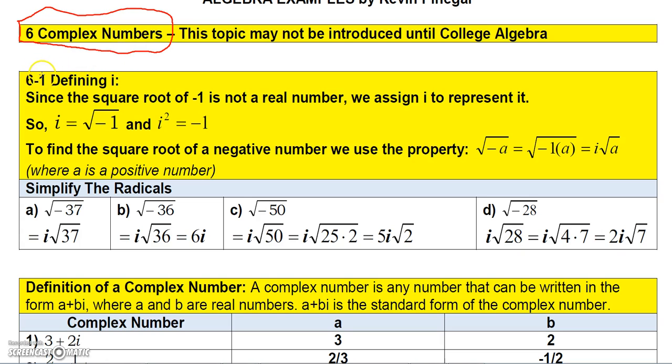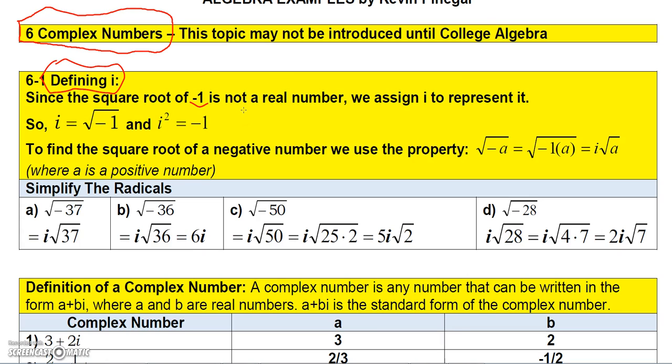So if it is covered in your course, then I'm going to provide you with some good info here about complex numbers. The first thing I want to talk about is what we mean by i. Now, i stands for imaginary unit, and we know the square root of -1 is not a real number because there's no number that you can square and get -1.